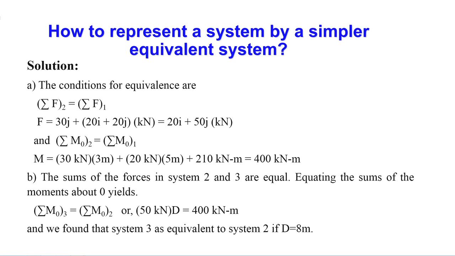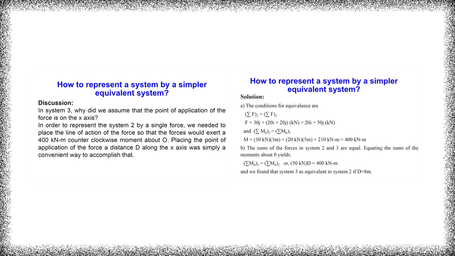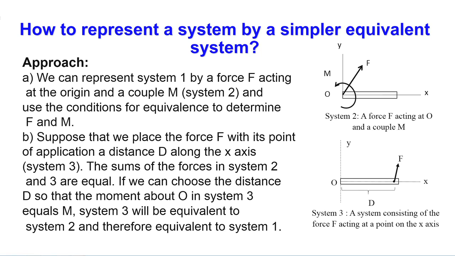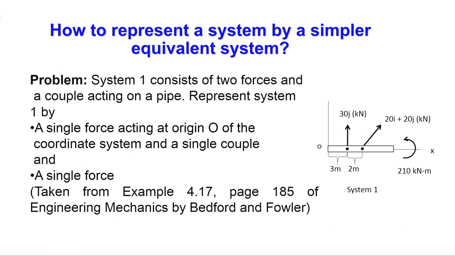From this we can find the distance d. So, these three systems are equivalent. The third system is the simplest, only one force applied at distance d, which will be equivalent to system 2 and system 1.